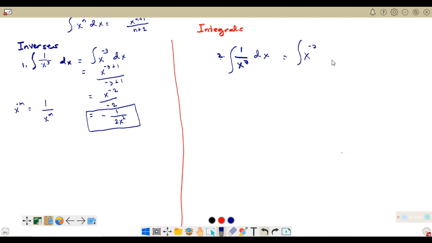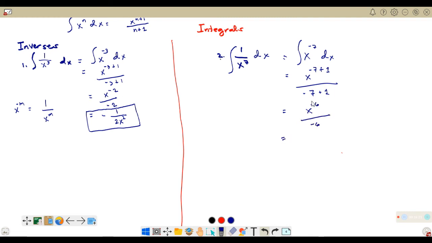So, we're actually looking for the integral of x raised to negative 7 dx. So, sulat natin dito yung integral niya. Plus lang tayo ng 1 sa power. Tapos, kopyahin natin yung bago niyang power sa denominator. We'll end up with x raised to the negative 6 over negative 6.